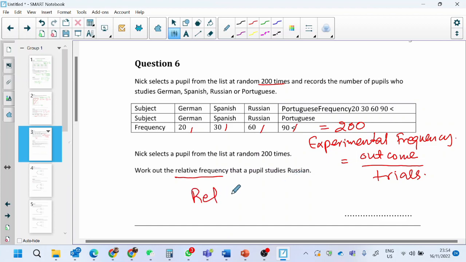The relative frequency of Russian is equal to 60 divided by 200. If you simplify this, it gives you 3 over 10.